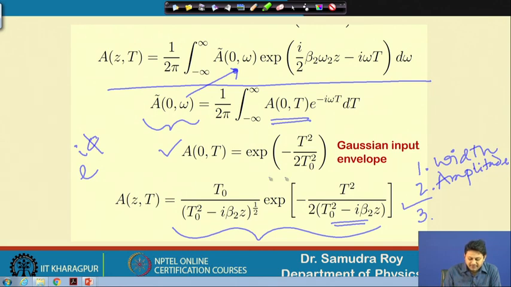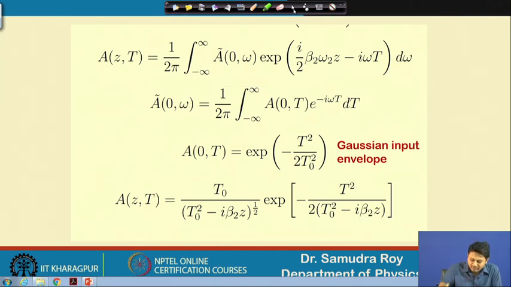But if I write this expression properly, then we should have a phase term here. So, the phase is evolving. We find that even when the pulse is propagating in a linear region, the width, amplitude and phase all change for a Gaussian input pulse.